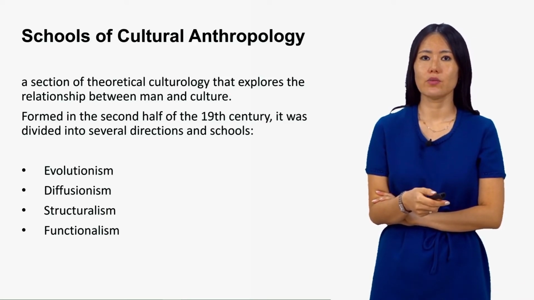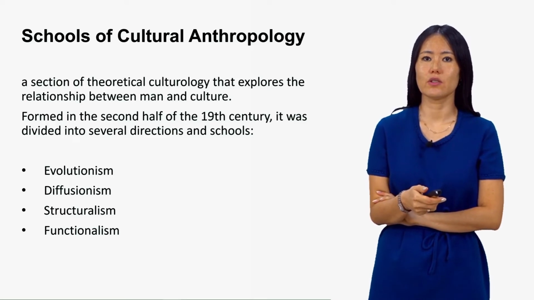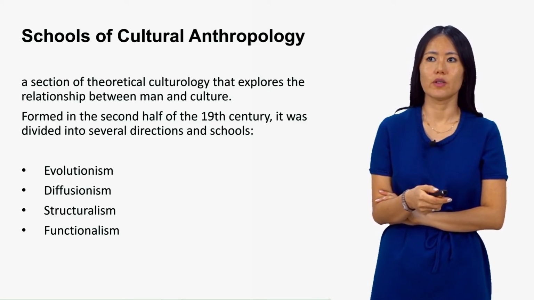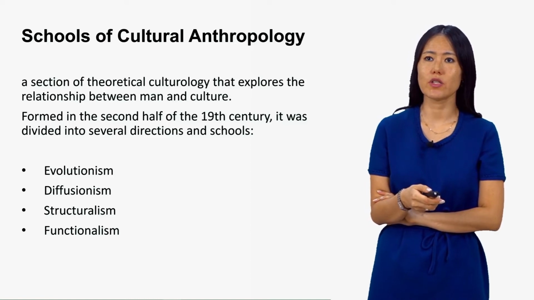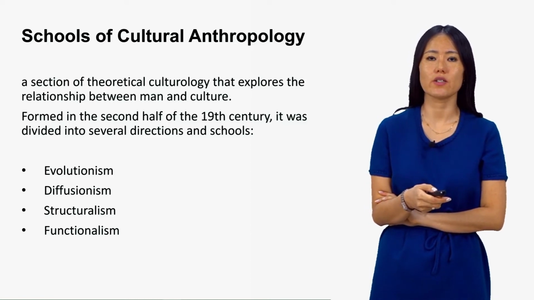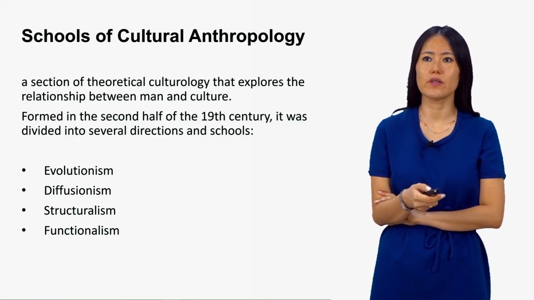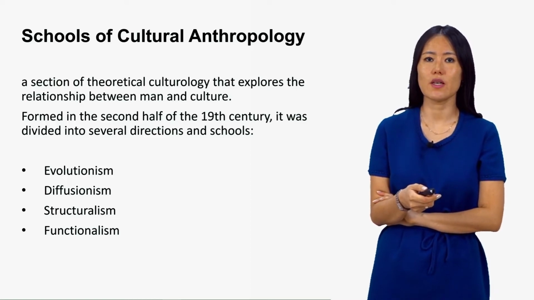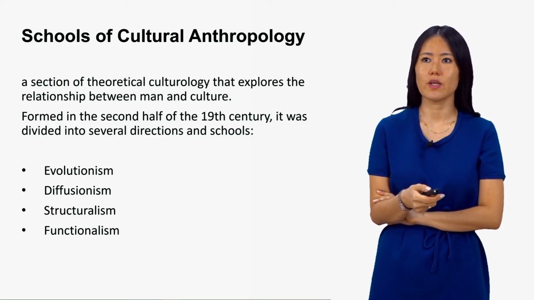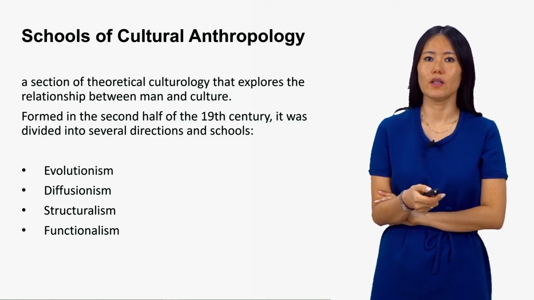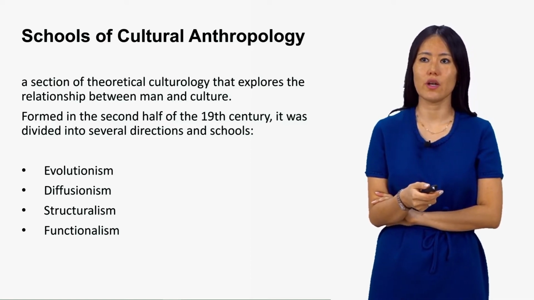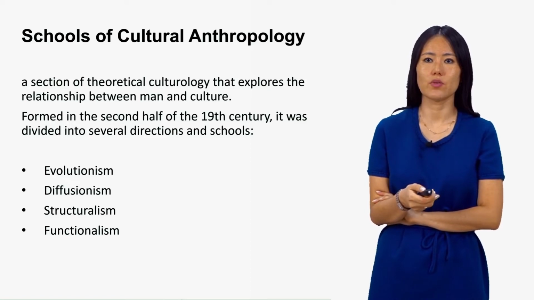Now I would like to talk about the schools of cultural anthropology. It's a section of theoretical culturology that explores the relationship between man and culture, and we can say about such main approaches in culturology and in cultural anthropology, and these approaches formed in the second half of the 19th century.